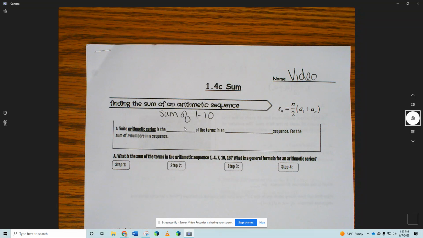This is because it's a pattern. The 9 and the 1 match, the 8 and the 2. I could do this pattern for the sum of the numbers 1 through 100. That would take forever. But check out, 1 and 99 match up the same. 2 and 98, 3 and 97, these are all 100s.